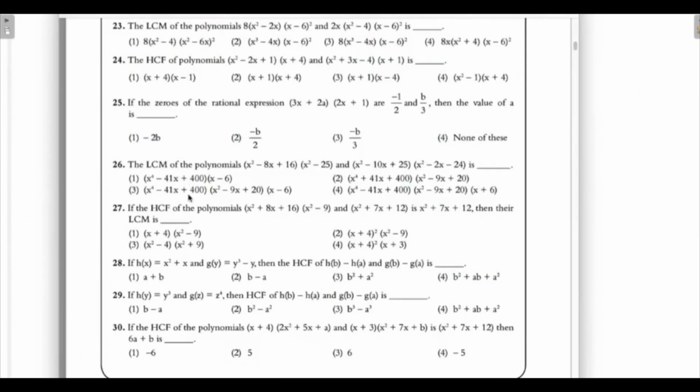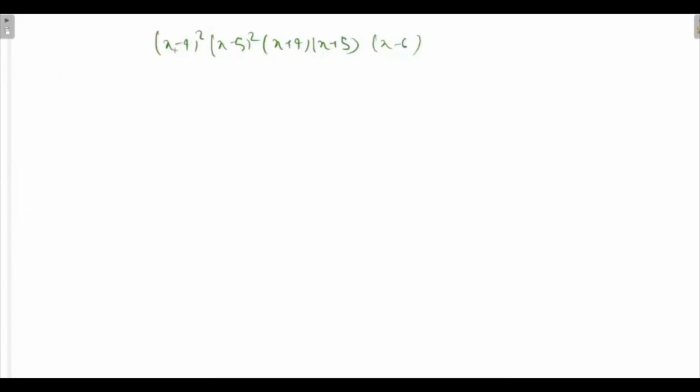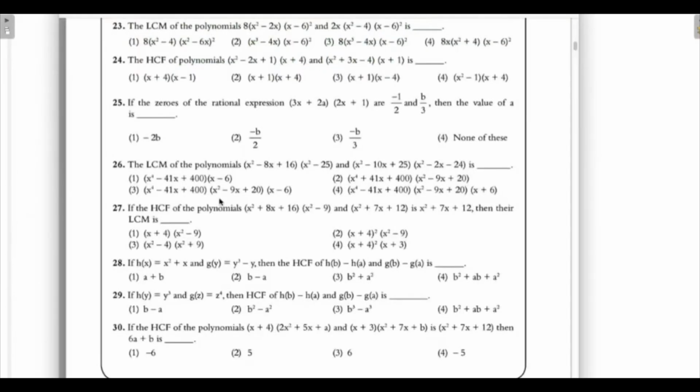So options 1 and 3, as I can see, again there are two expressions, x to the power 4 minus 41x plus 400, and another one is x square minus 9x plus 20. As you could guess, what will be the highest power of x? When it is 4, if it is getting multiplied by 2, it will be 4 plus 2, 6, and then finally if I'm multiplying it by 1, then it will be 7.